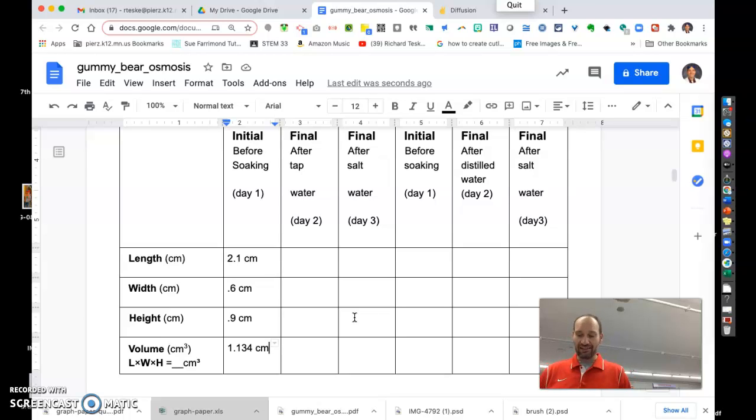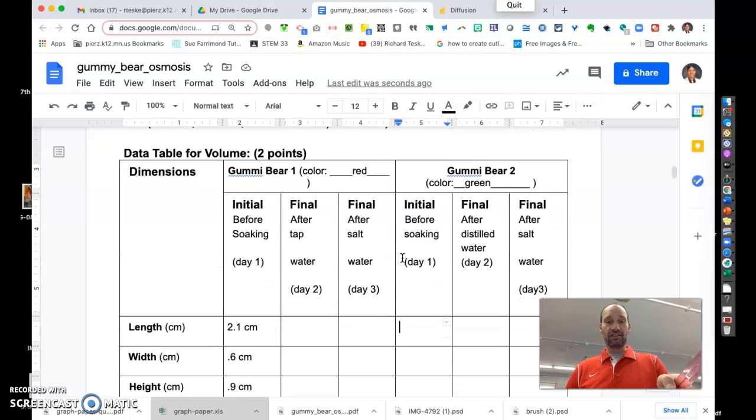If I had to take a guess, the other one should be very, very similar unless it got kind of squished. Yep, 1.9. But we just can't assume. So this is the green gummy bear, 1.9 cm. We just can't assume because assumption does not work. All right. Actually, I'm going to give this one 1 centimeter. That one's a little closer.